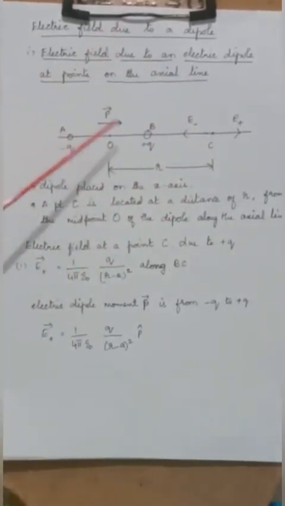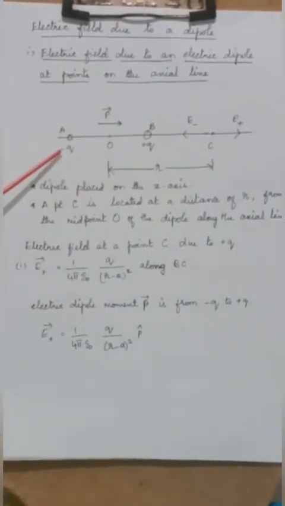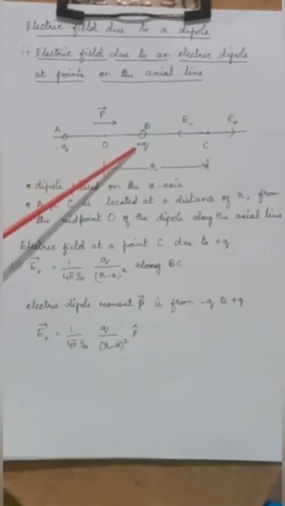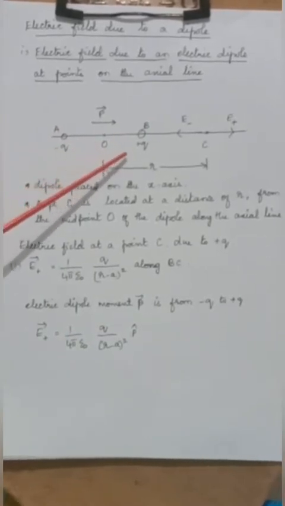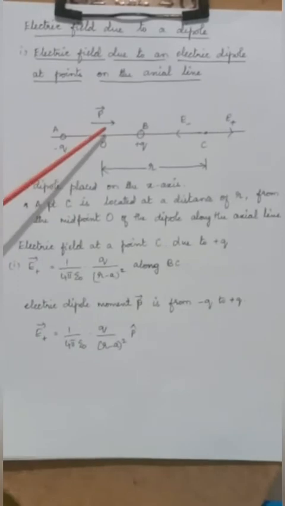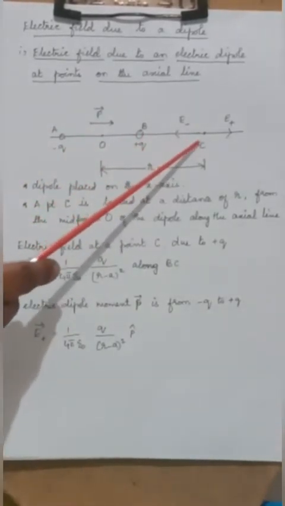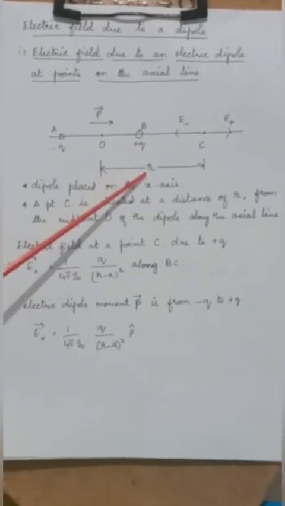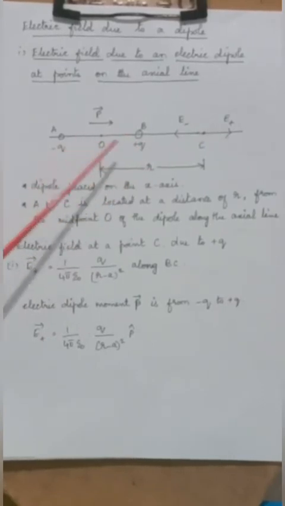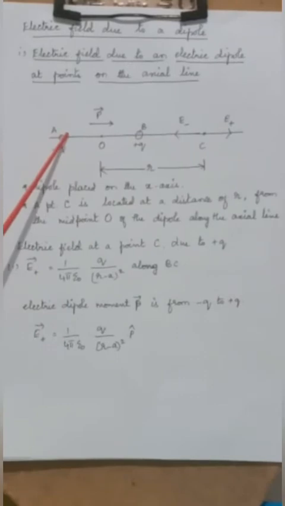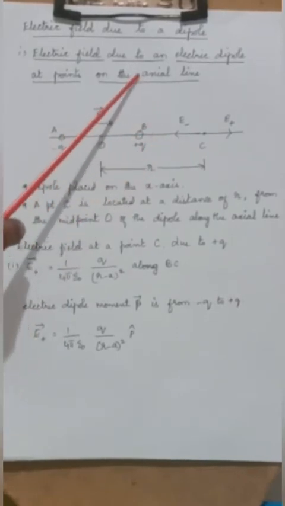So what should I consider? Consider AB to be the dipole, two equal and opposite charges separated by a distance of 2a. From the midpoint, I am going to consider a point C which is at a distance of r. You can understand that it is only on the x-axis, so I call it the axial line.